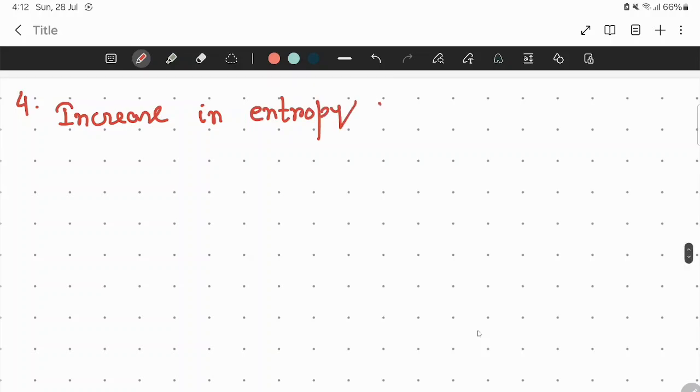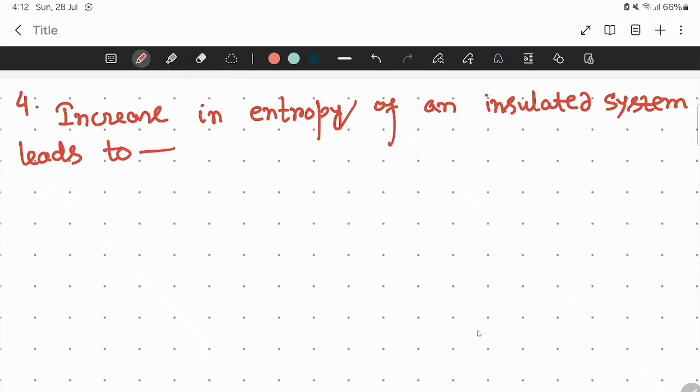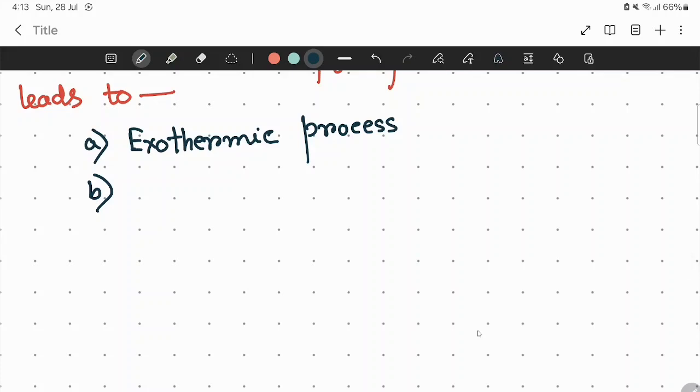Increase in entropy of an insulated system leads to: absence of exothermic process, endothermic process, spontaneous process mostly.